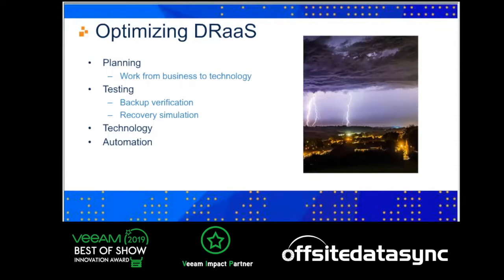The more complex the environment to recover, the more you need automation to create a run book, an orchestrated script of everything that has to happen so that dependencies are in play. In my example of Exchange and AD, we know that AD has to come up first in order for Exchange to work, but for AD to work, you have to have DNS working, and you start having these dependencies. Automation takes care of all that and ensures a consistent and accurate recovery execution, if you will.